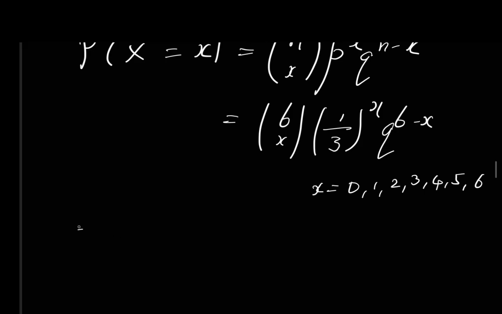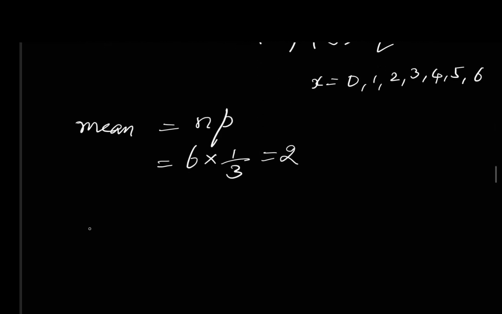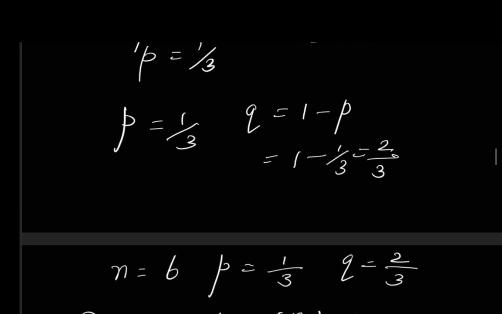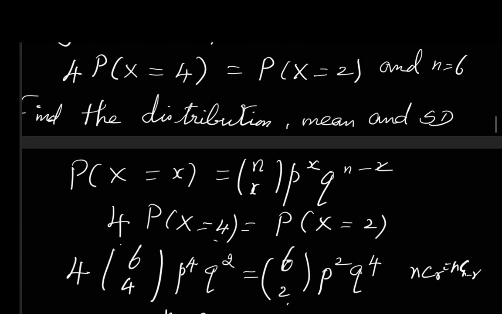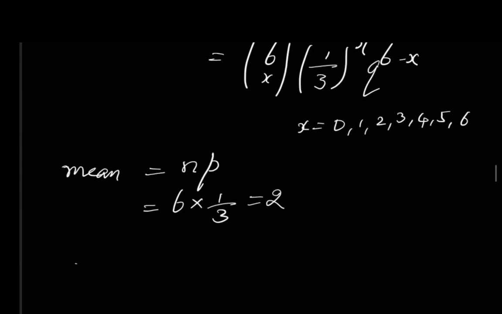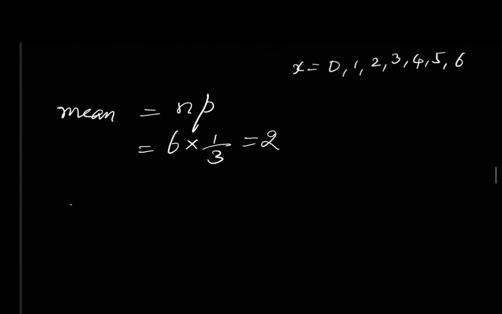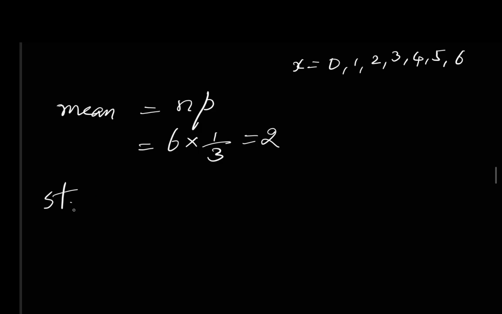Next question, find the mean. NP. So n is here 6 into P is 1 by 3, which is equal to 2. Then next question, find the standard deviation, SD.